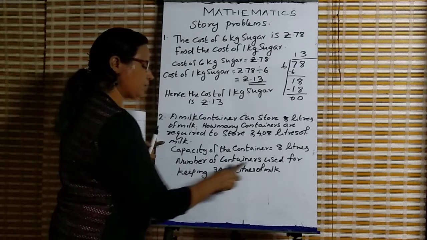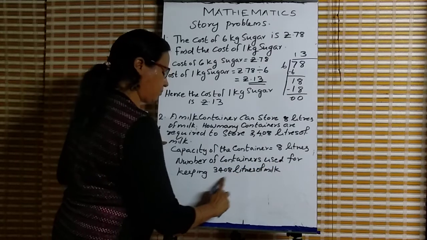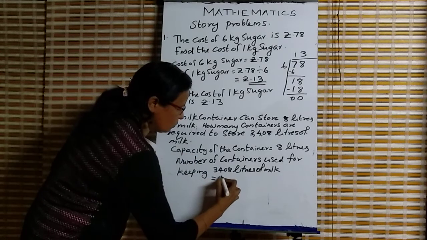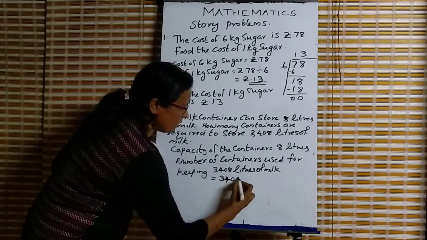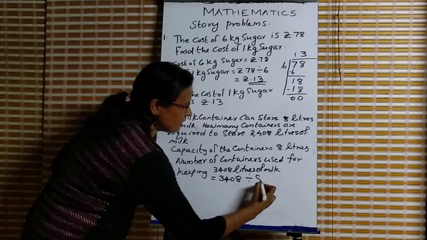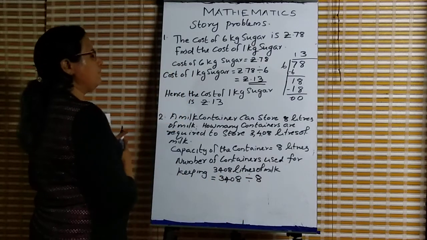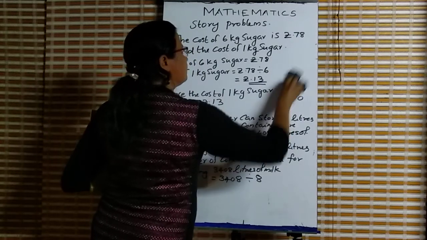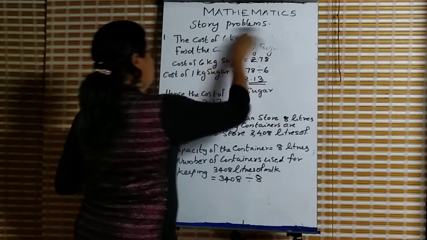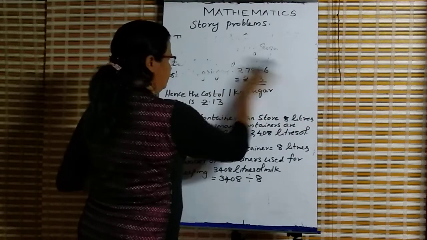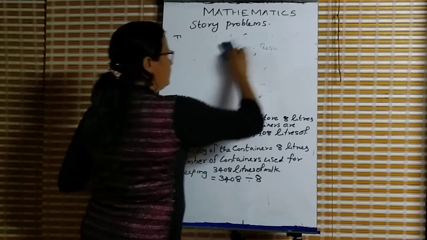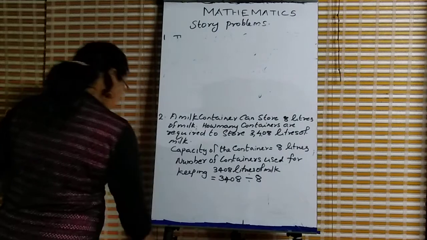For that, number of containers used for keeping 3408 liters of milk is equal to 3408 divided by 8. Divide this.